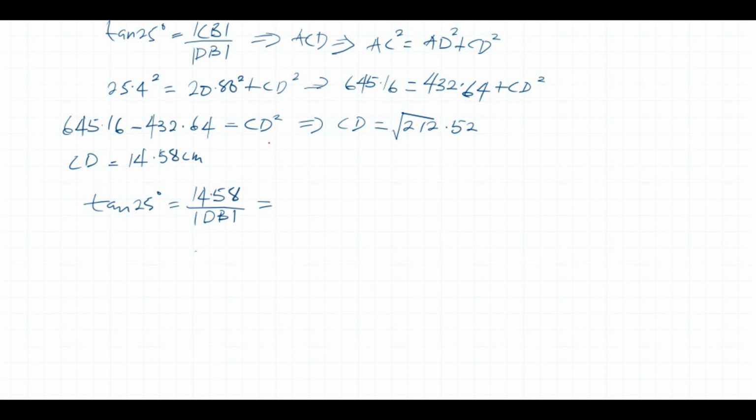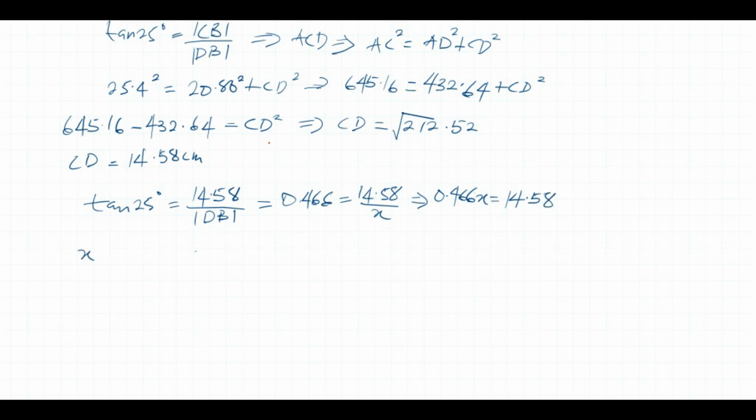So now tan 25 is giving us 0.466, equal to 14.58 divided by x, because we don't know our length yet. So 0.466 times x should give us 14.58, but we have to make x the subject.